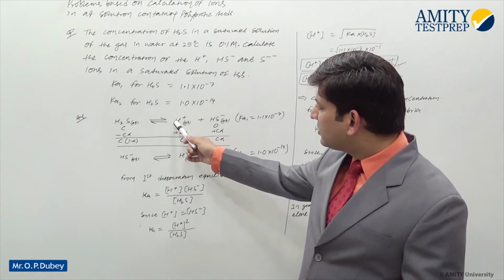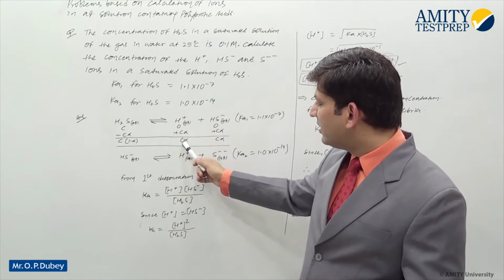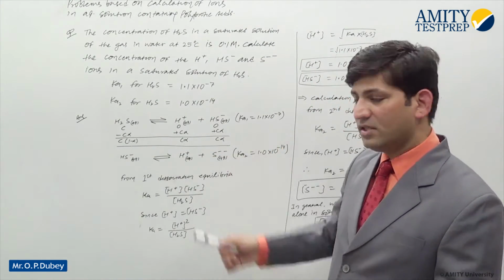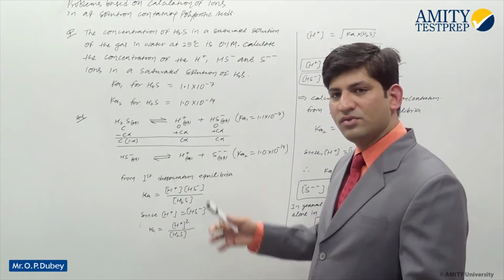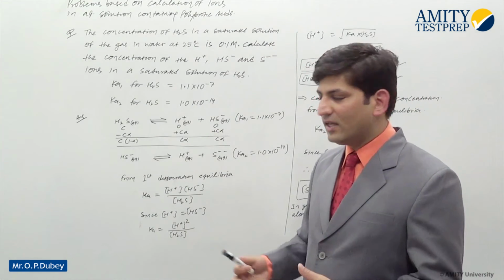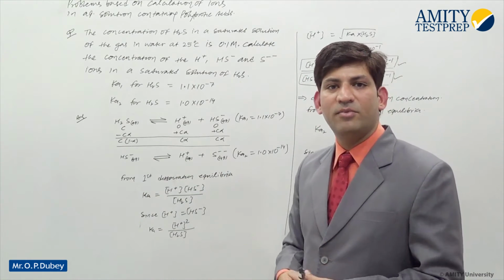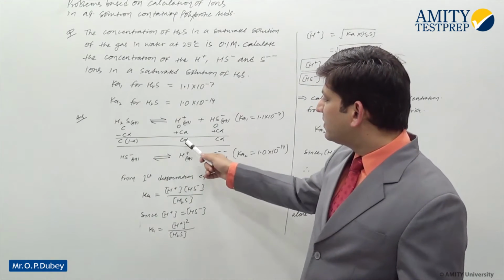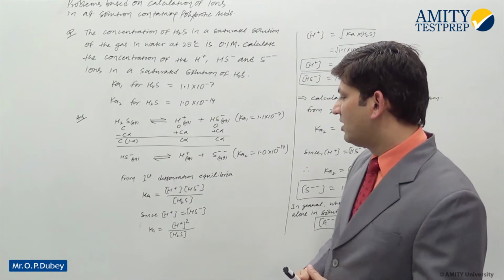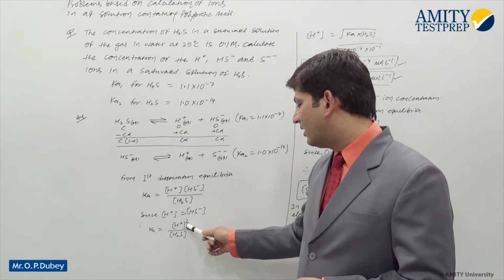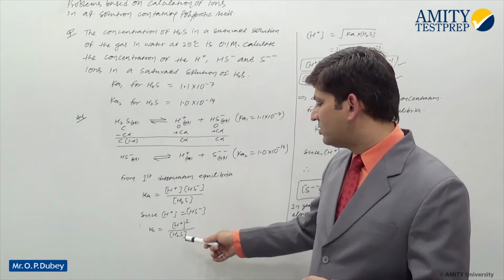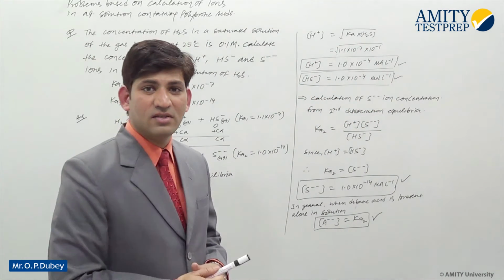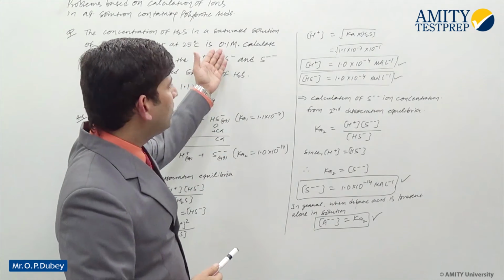In the first equilibrium, the concentrations of H plus and HS minus are equal. The first dissociation constant is very large compared to the second, so we can neglect the H plus ion produced in the second step. So we can write H plus concentration raised to the power 2 upon the H2S concentration, and the H2S concentration is given in the question, which is 0.1 M.